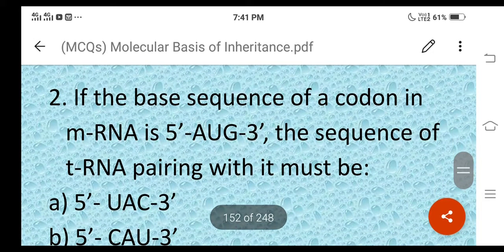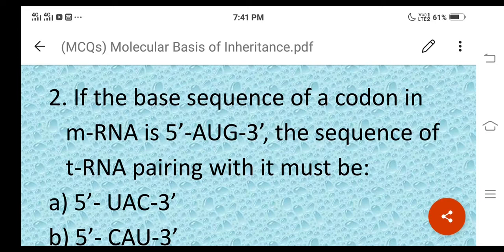What is the question here? If the base sequence of a codon in mRNA is 5 prime AUG 3 prime, the sequence of tRNA pairing with it must be what here? I will repeat once again.